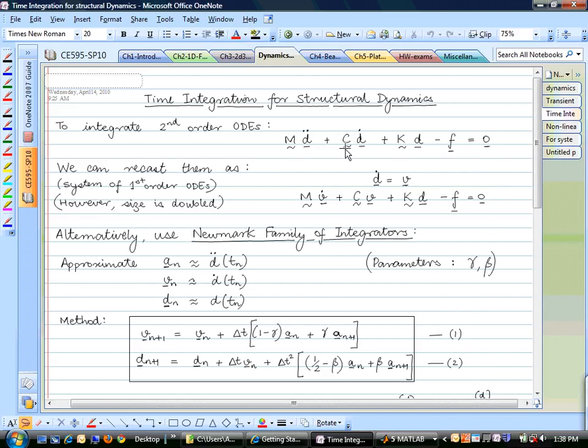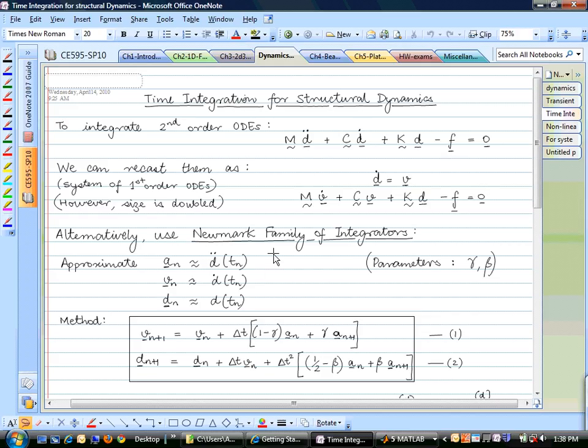If we take our structural dynamics equation of motion and convert it to two first order systems, I can solve these using my Euler method. But is there some drawback to this? Right, we have just doubled the number of equations, which will take much more time to solve.